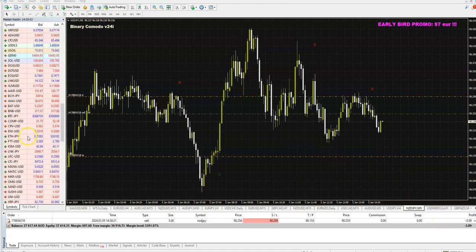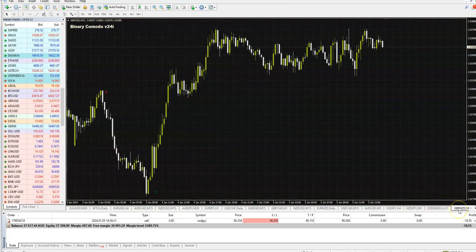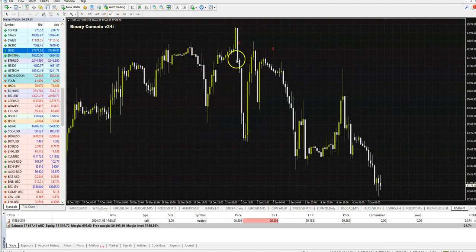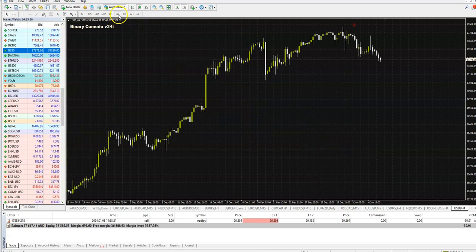So maybe we can put some indices here. Maybe US 30 on 1 hour, yes, or 4 hour. So everything can be traded here, you see.